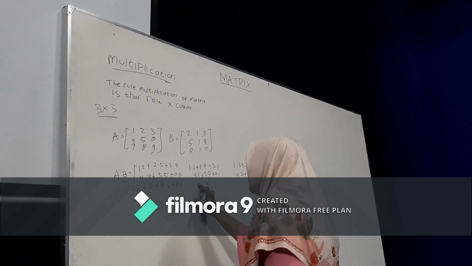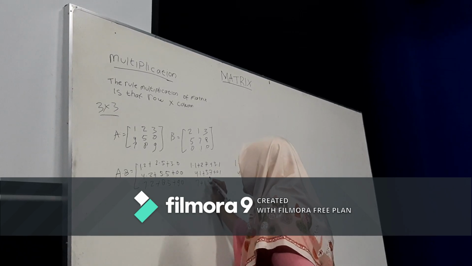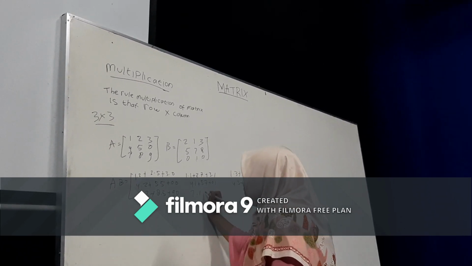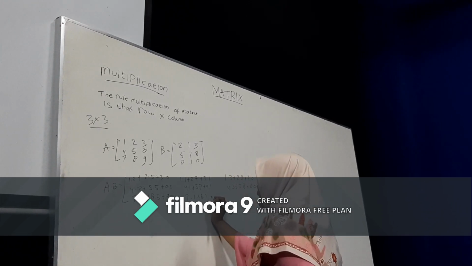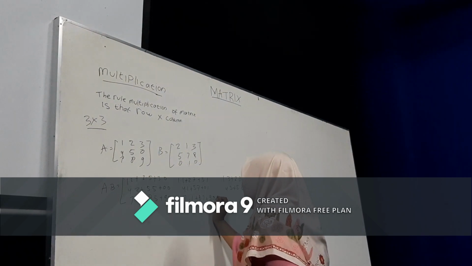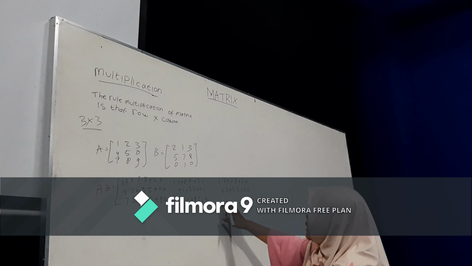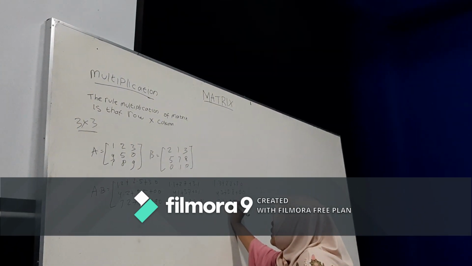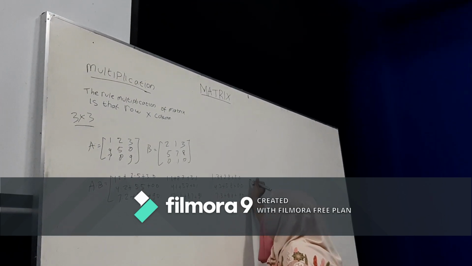Third row, second column is 7 times 1 plus 8 times 7 plus 9 times 1. For third row, third column is 7 times 3 plus 8 times 8 plus 9 times 0.